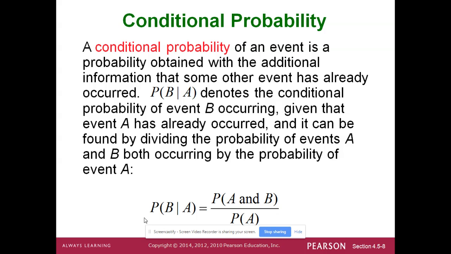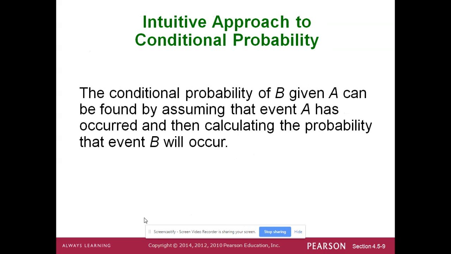The biggest thing here is you're going to be practicing problems. Once you figure it out, it's pretty quick and easy. Probability of A and B both occurring divided by probability of A, the first one, gives B given A. Conditional probability B given A can also be found by assuming that event A has occurred and then calculating the probability that event B will occur.